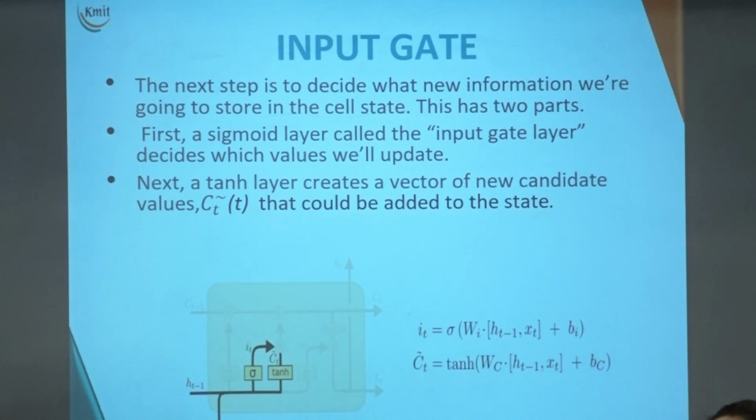So here you will have 2 things: one is a candidate state and the next is an input gate output. The input gate output tells, okay, this is the particular word that has come from the forget gate. It had 1 in it, that means it has to be input to your memory, and I have to create a new vector for it as well. So that's how we get i of t and c dash of t.